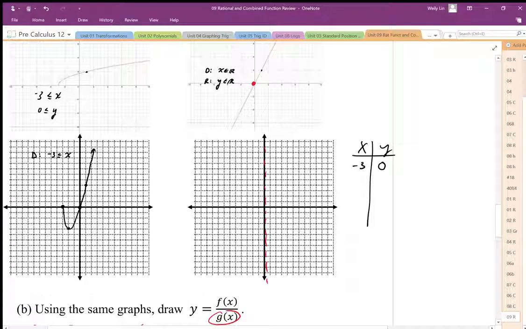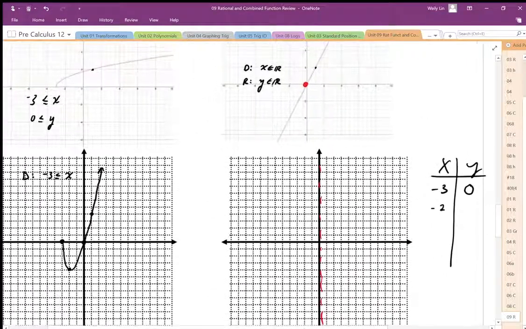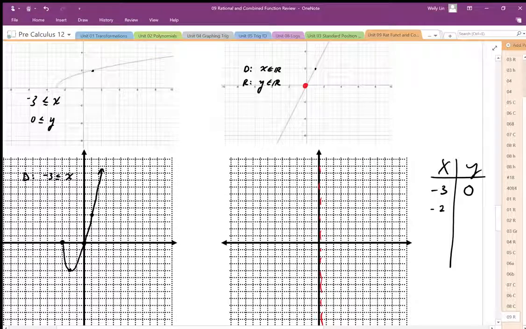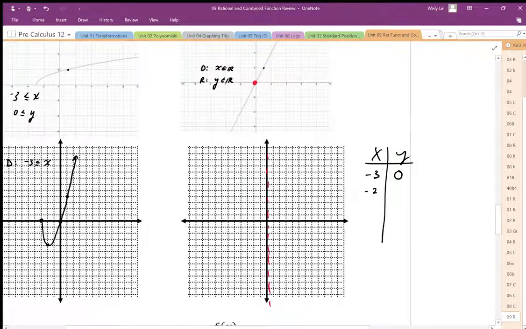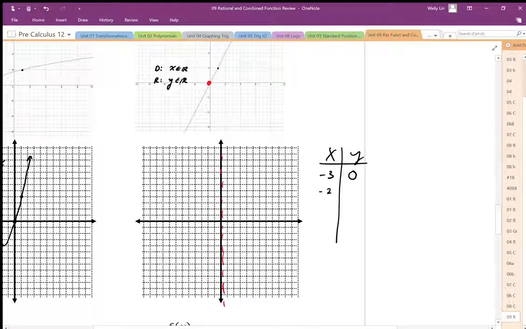We can plug in x is maybe -2. At x is -2, we have y is equal to 1 over y is equal to -4. So we get 1 divided by negative 4, so we get negative 1 over 4.